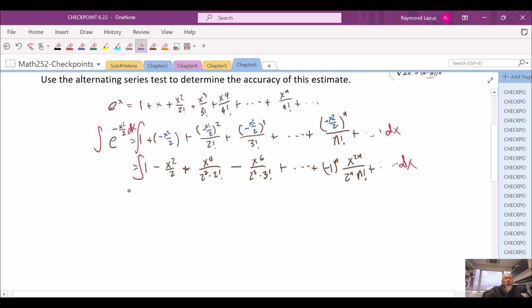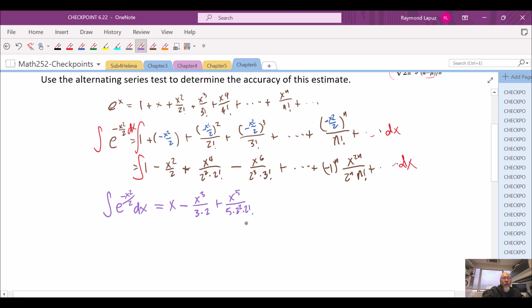What we'll get is the integral of e to the negative x squared over 2 dx will be equal to the antiderivative of 1, which is x. The antiderivative of the next term is going to be, again, I'm going to keep my numbers separate, x to the third over 3, and then there's a 2 down in the bottom. Here it's going to be x to the fifth over 5, and then there's a 2 squared times 2 factorial on the bottom.